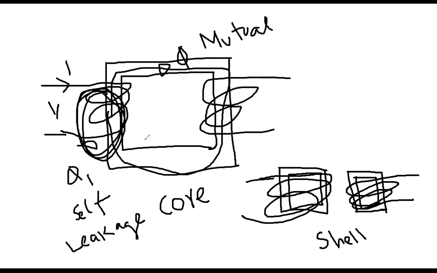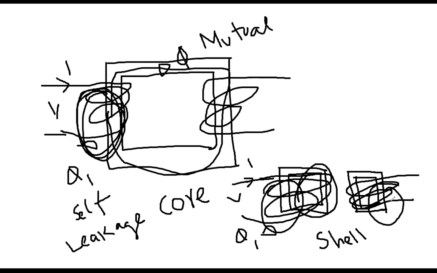So in this case, the amount of self or leakage flux is higher than the mutual flux. In the other case, what happens? Similarly, you apply voltage, you apply current, and then there will be one local flux here, which is this phi, and then there will be mutual flux, which is going here. And from here also, there will be one local flux, which is this phi 2 self flux.